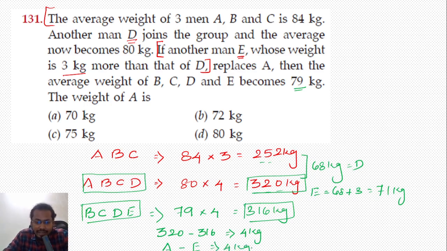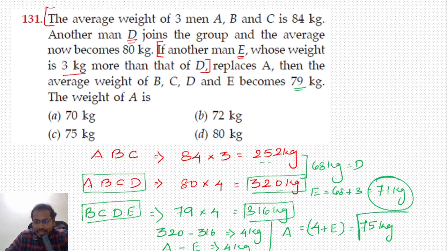If A minus E is equal to 4, then A is equal to 4 plus E. Correct? So I know what E is. So then it will be 71 plus 4, that is 75 kg. That is A. So what is the weight of A? That's what the question asks. 75 kg is the right answer.